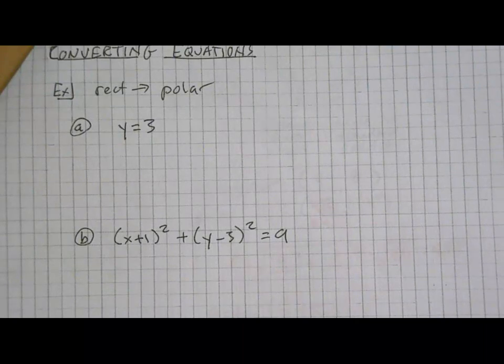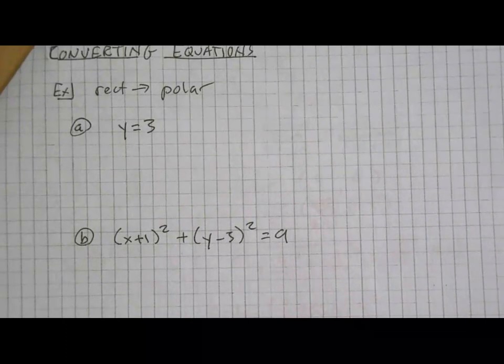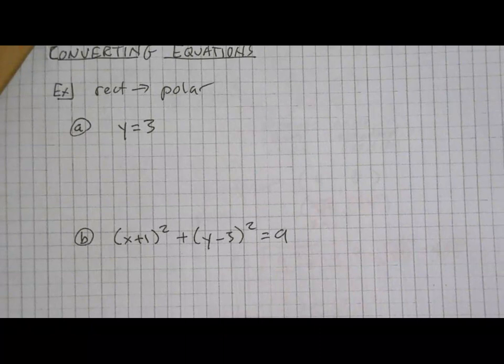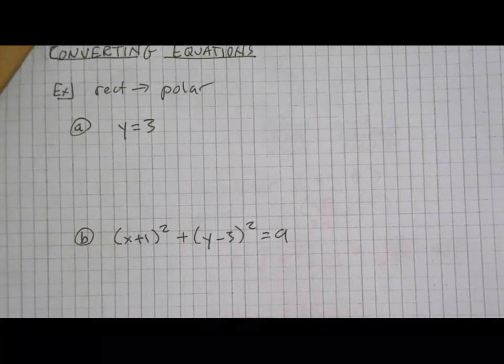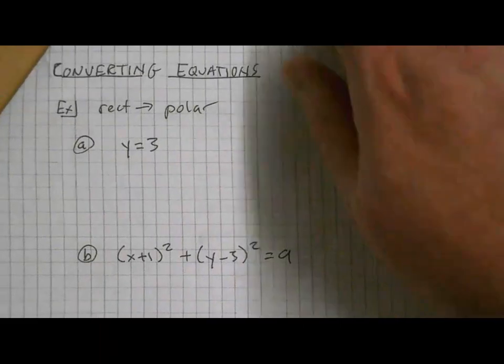Well, it says it on the page, but what kind of variables do you see in these equations? x's and y's, those are rectangular coordinates. What are our polar coordinates? Theta and r. So we need to take these equations and turn them into r and theta. We had some conversion equations that we're going to be falling back on.